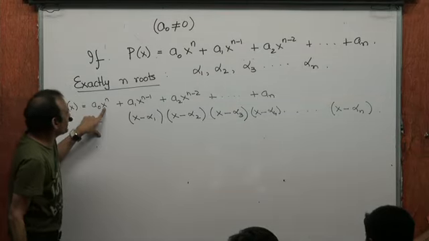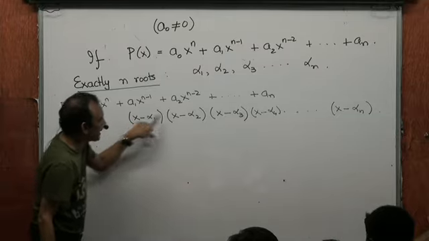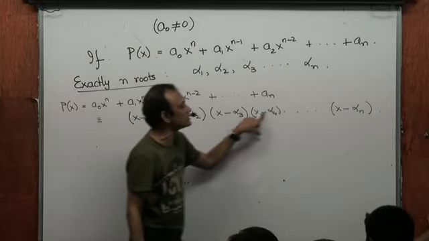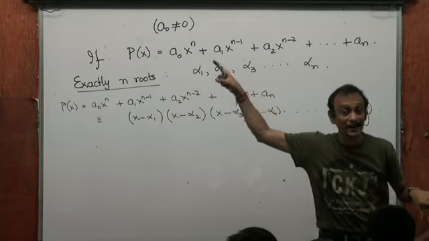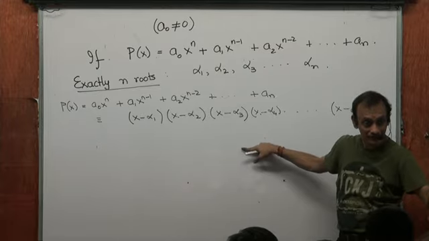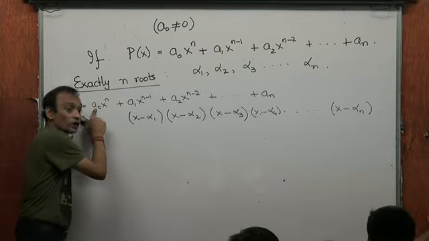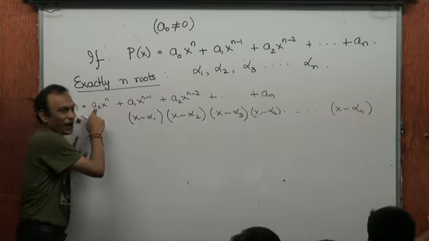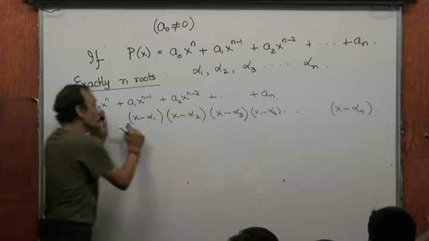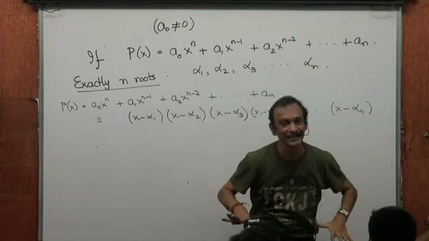Look at the coefficient of x power n. It is a naught here. But what's the coefficient of x power n here? X into x into x into x, x power n. 1 into x power n. So the coefficient of x power n on the right hand side is 1, whereas on the left hand side it is a naught. Yes or no? So they are not identical yet. Although you have produced factors here, you have not produced an identity yet.